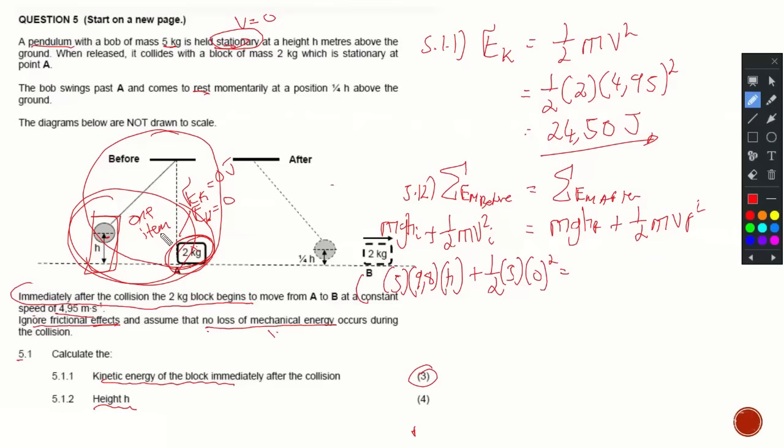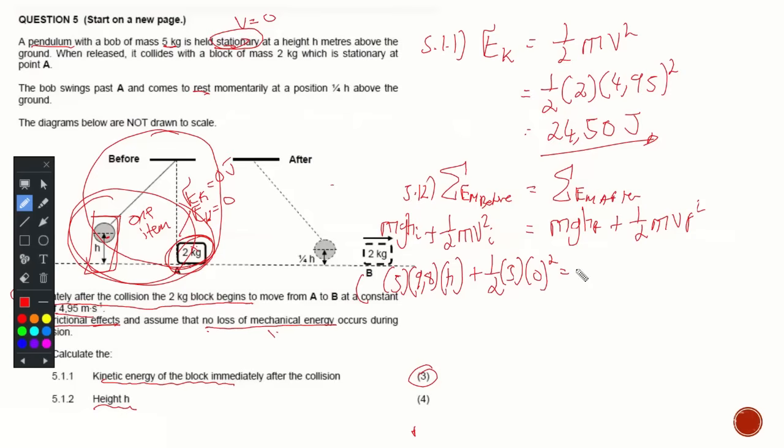Now let's come over to the after part. Then m would have to be the mass of this, so that's 5, and then we have 9.8. So this is the only one that will have potential energy, because there is height there.